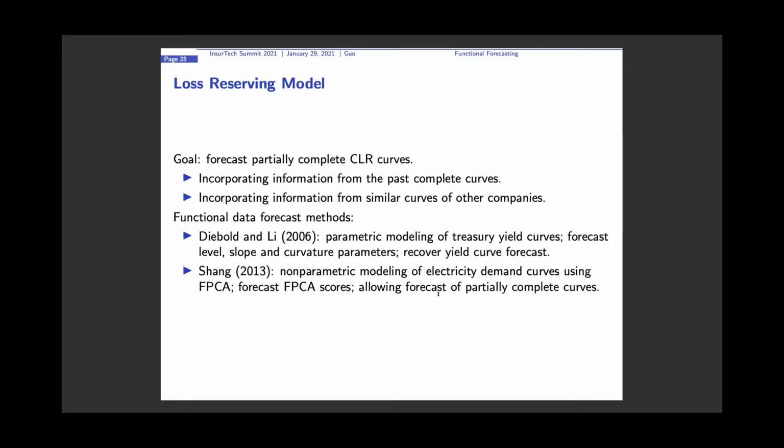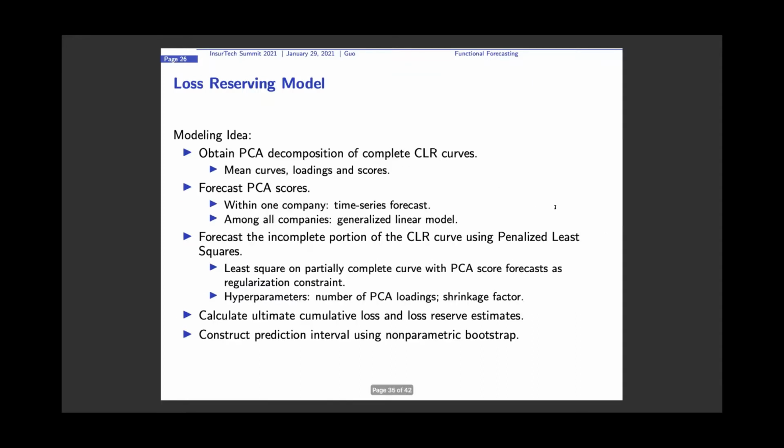Now our approach will be similar to Hyndman's because electricity curves also deal with reporting delay, so partially complete curves. So it allows the forecast of the partially complete curves.